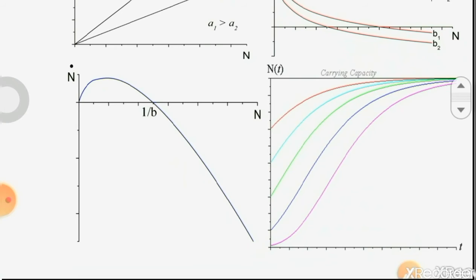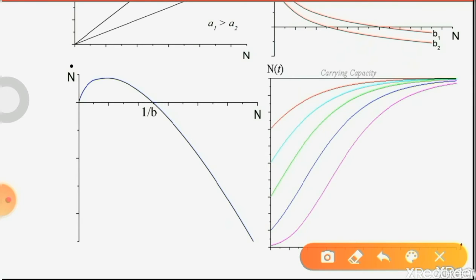Now, our next question is, we have to plot the variation of n with time, that is, how the number of cells increases with time. We have to explain that by looking at the vector field, that is the plot of n dot versus n.